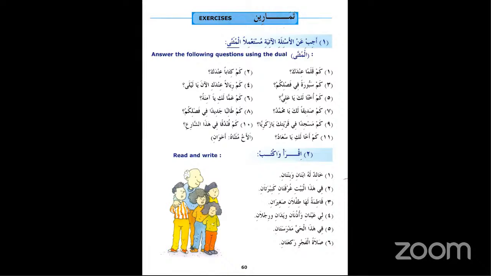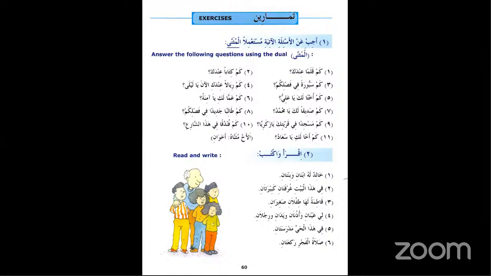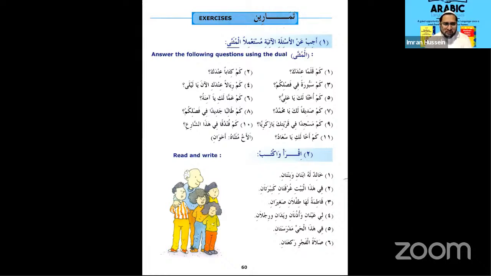In this house are 2 big rooms. Correct. Fatimatu laha tiflani sagirani. Fatima has 2 young children. Correct.